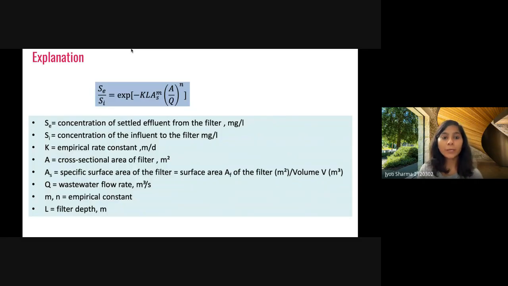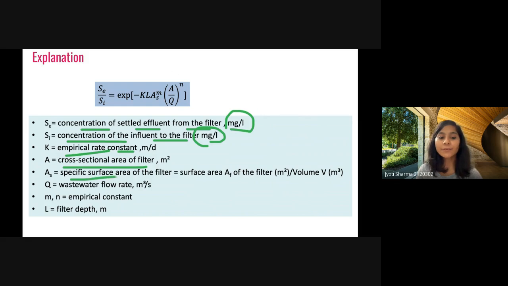So this is the formula. SE is the concentration of settled effluent from the filter. So how much BOD we have after filtering, and how much BOD we had in the wastewater. K is the empirical rate constant. A is the cross sectional area of the filter. AS is the specific surface area of the filter, which is the surface area of the filter upon volume.